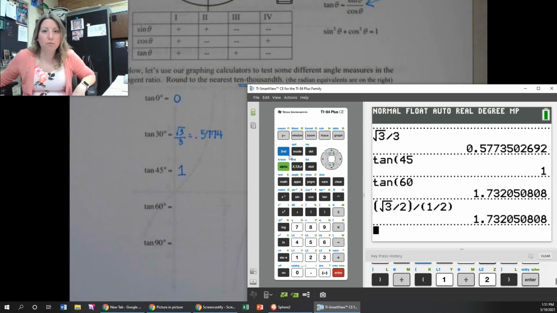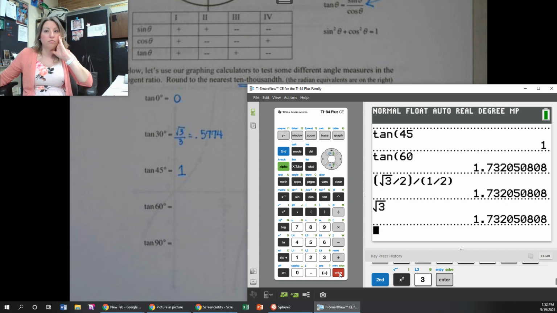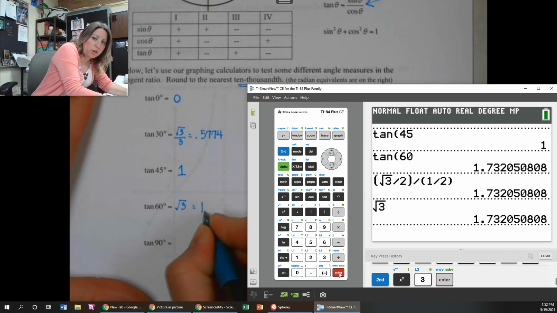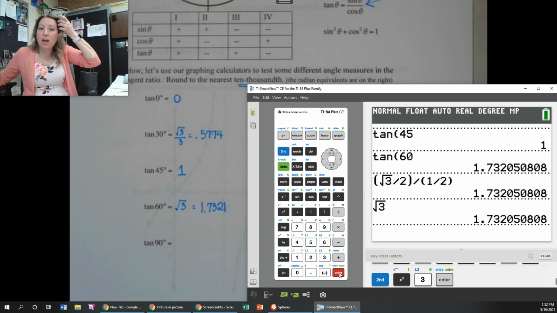And we know that from above, but I'll just type it in one more time. There it is. So we know that this tangent of 60 is radical 3, which is 1.7321. We're rounding to the nearest 10,000th, right?